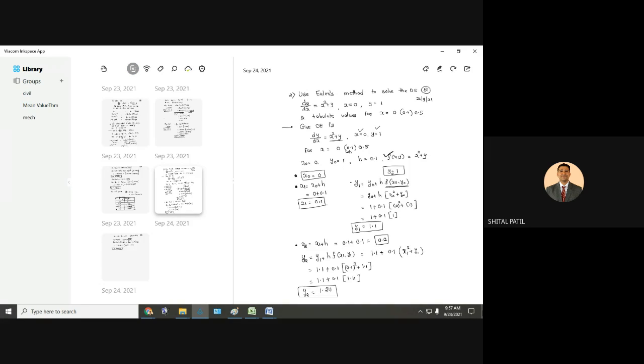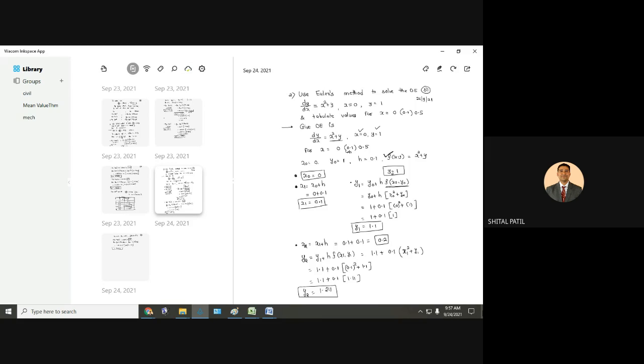Write x1 equal to 0.1, y1 equal to 1.1, then write x2 and then write y2. Please do that. Then I'll start with the next page.